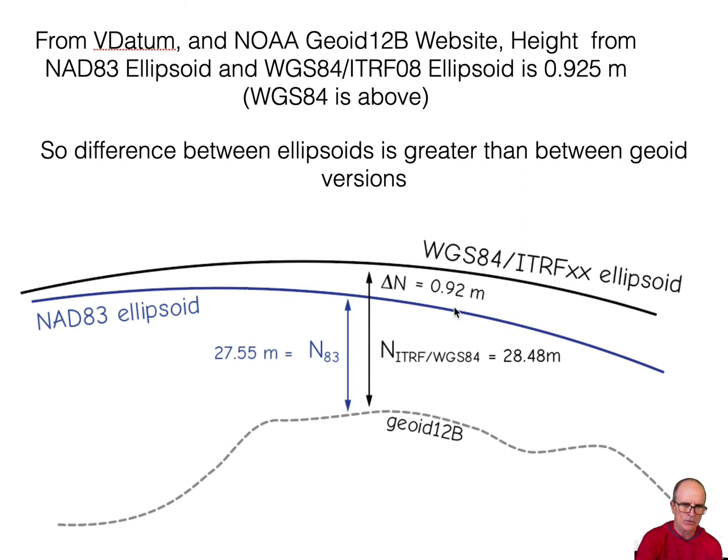In some places, it's like 20 centimeters. So this GEOID12B height, which we want to use, we're using NAD83, is going to be very different relative to the ITRF and the NAD83. So, that's the biggest mistake that folks make.